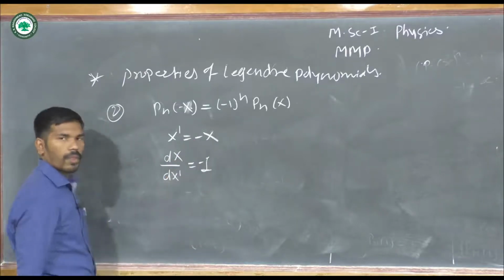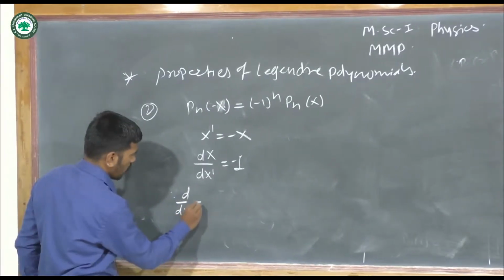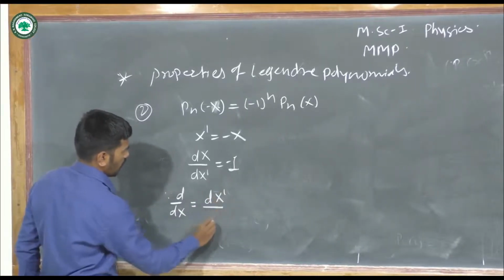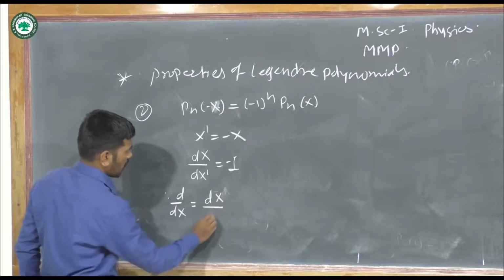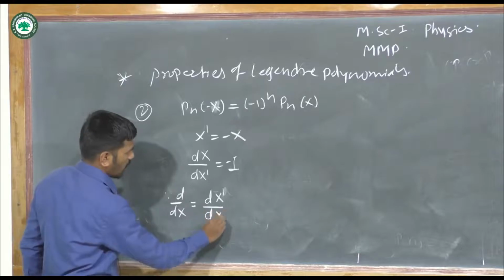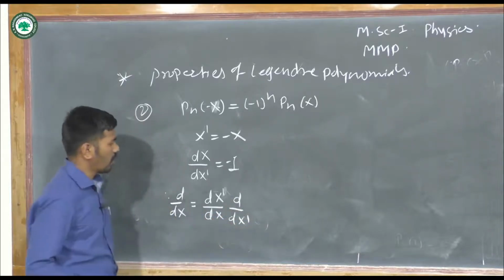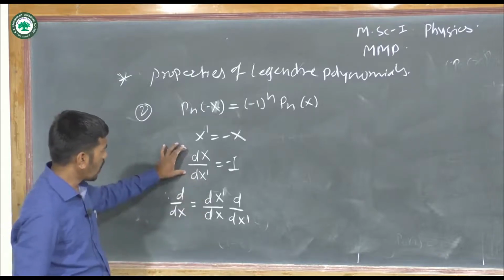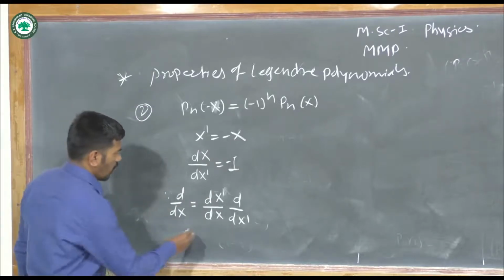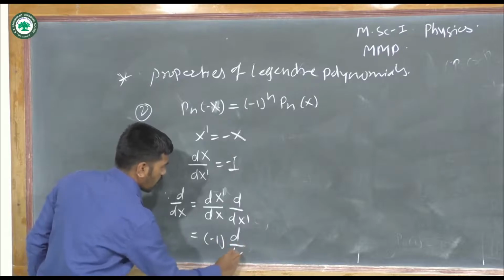So d by dx is equal to dx prime by dx times d by dx prime. I replace these things with minus ones. This inverse is also minus, so it is minus 1 times d by dx prime.